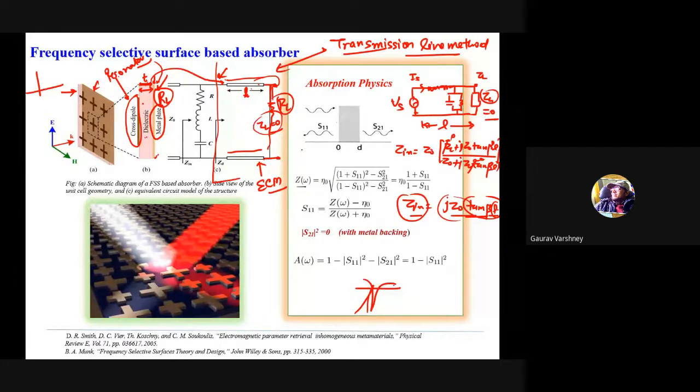So in this frequency range transmission is also minimum: S21 is 0 and S11 is also approximately 0. If there is no transmission in this frequency band, we can say there is no transmission of the wave in this particular frequency spectrum.